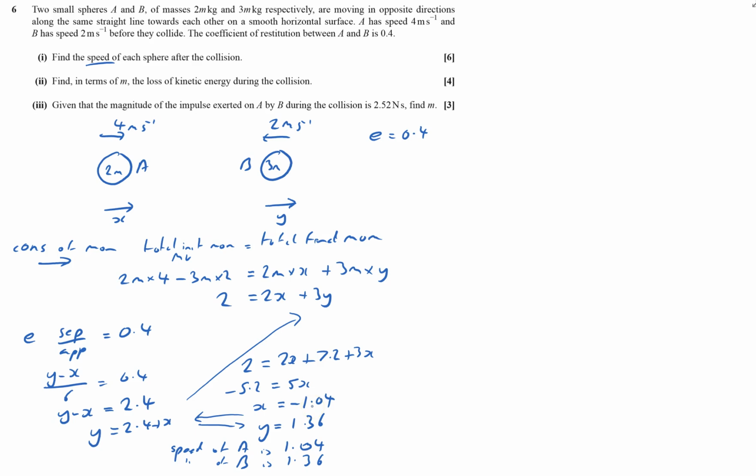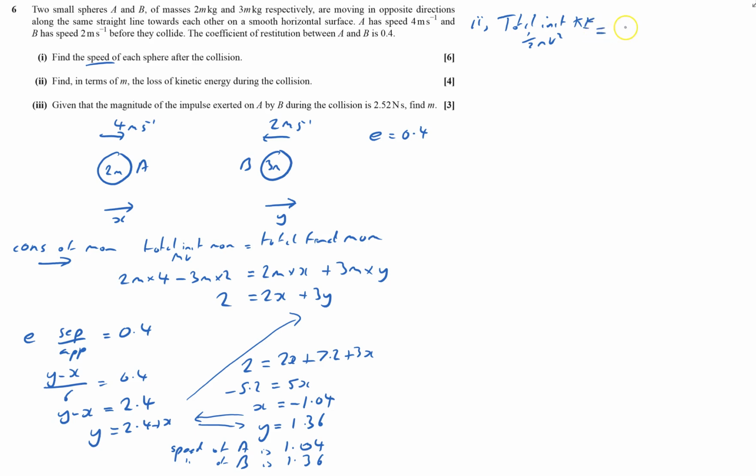So that does the first bit, and then part 2, I'll do it up here. I've got to work out the loss of kinetic energy. So I want to work out the total initial kinetic energy, and kinetic energy is a half mv squared.